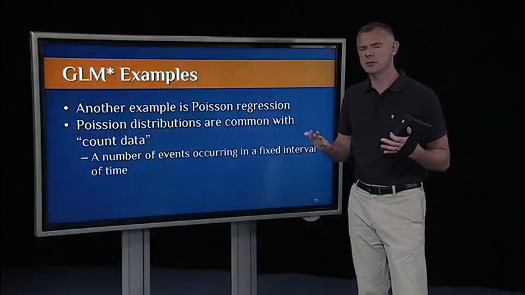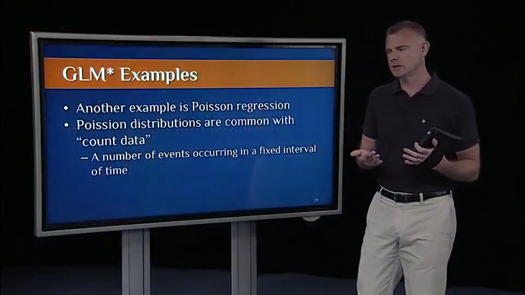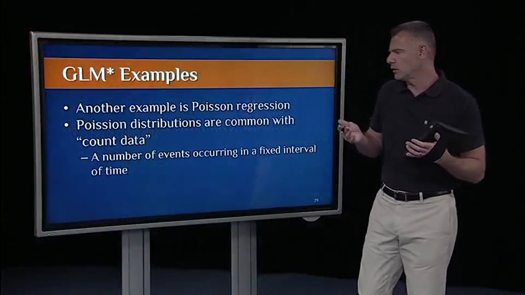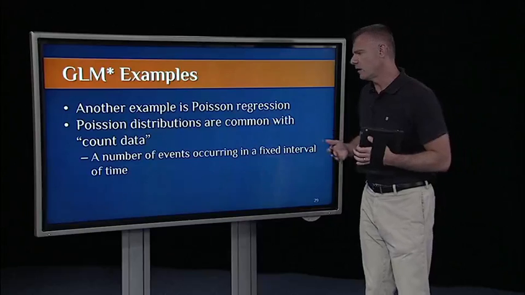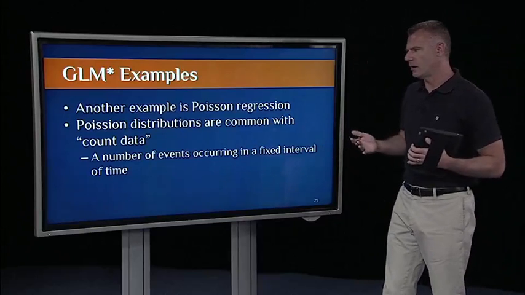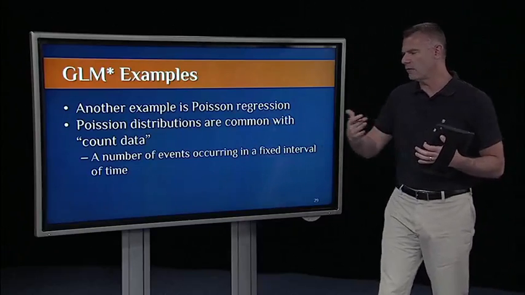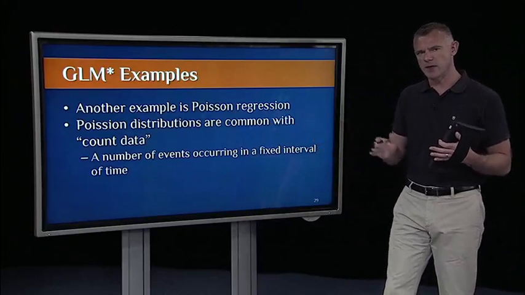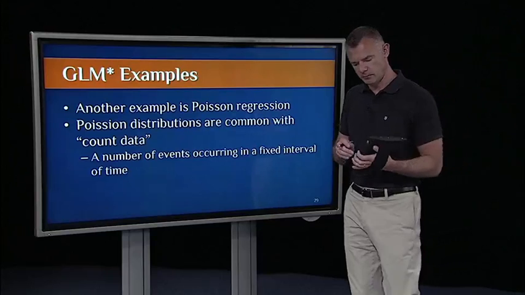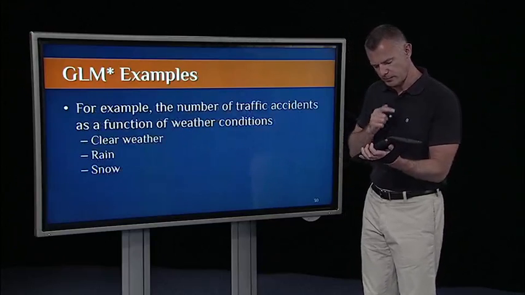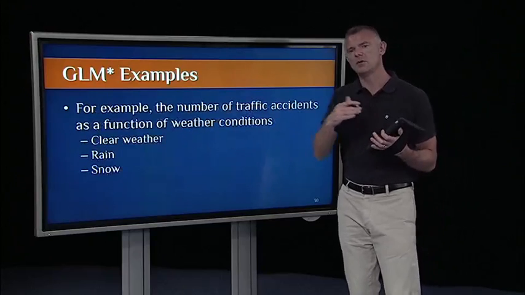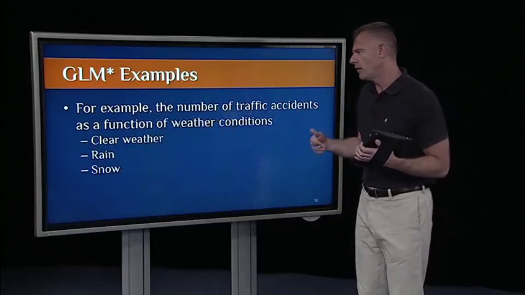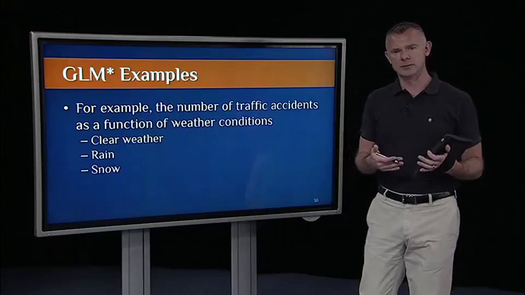Poisson distributions are common because they deal with what I call count data. Count data are things that occur as the number of events occurring in a specified time interval. The example I'll use here is the number of traffic accidents that you might observe as a function of weather conditions.